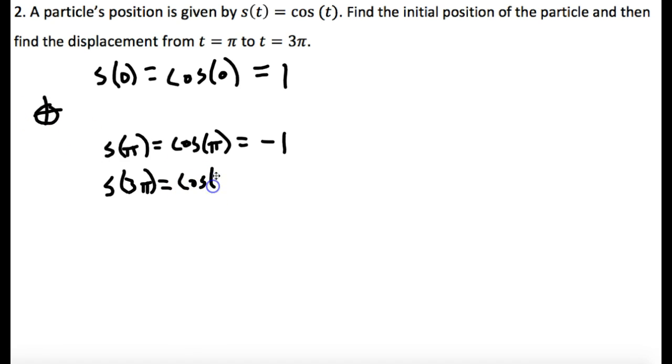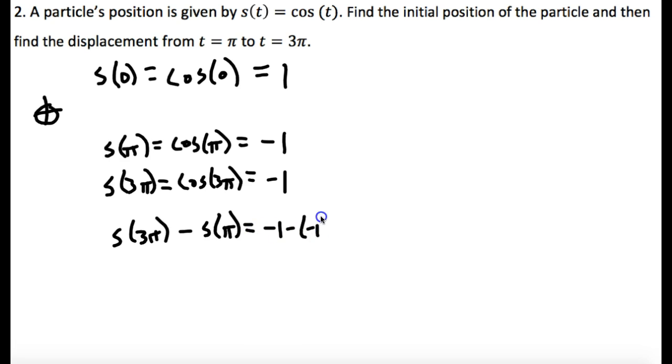So cosine of 3 pi is the exact same spot as cosine of pi. It's -1. So my displacement, my final position minus my initial position, is -1 minus -1. That's -1 plus 1, which is 0. I actually ended in the same place that I started.